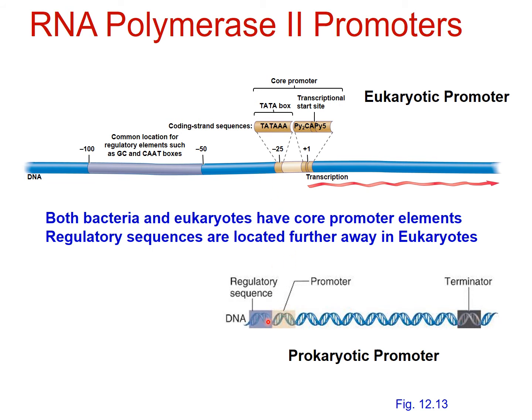And then there are regulatory sequences, oftentimes in bacteria upstream of the promoter, and the same thing occurs in eukaryotes. Usually the location for these kinds of elements is a little bit further than what's seen for bacteria. And you can also have elements located not just upstream, but also downstream. And you see that very occasionally in prokaryotic genes.